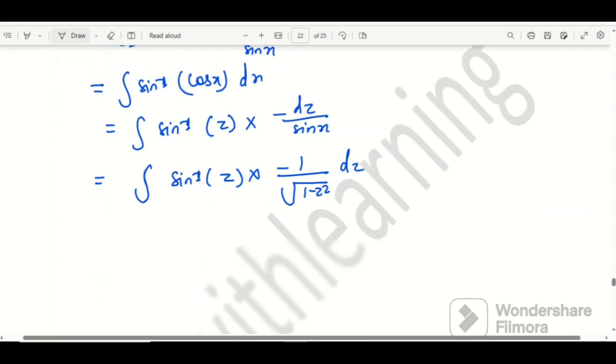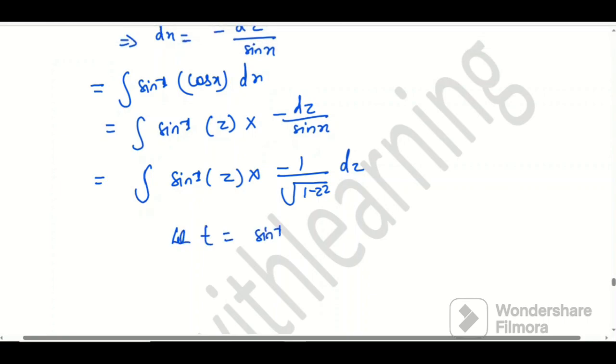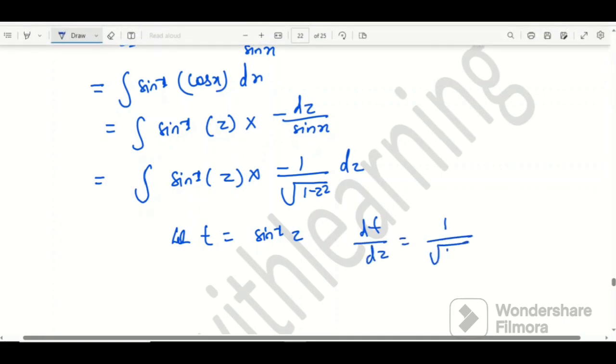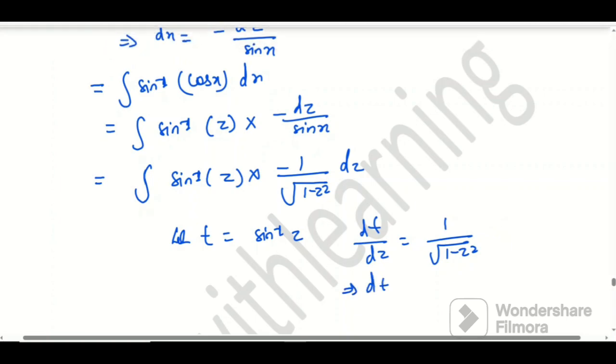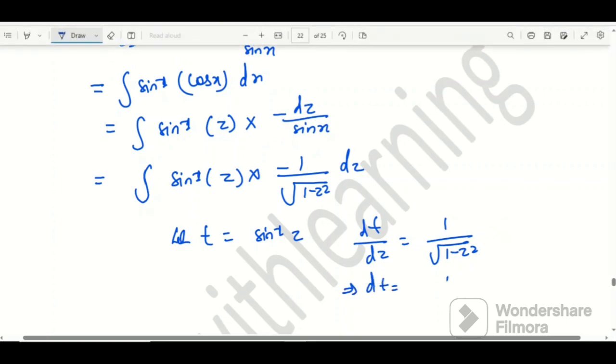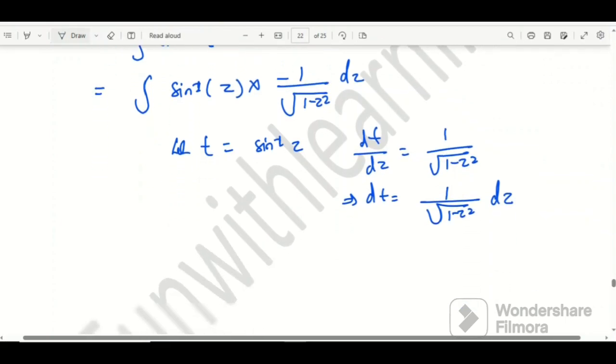One thing we can guess here, the differentiation of sin inverse z is 1 upon under root 1 minus z square. So we can substitute let t equal to sin inverse z. So differentiation of dt with respect to dz will be 1 upon under root 1 minus z square. So dt will be 1 upon under root 1 minus z square dz. I will replace this whole term with dt. Implies, okay, and I will replace sin inverse z with t.